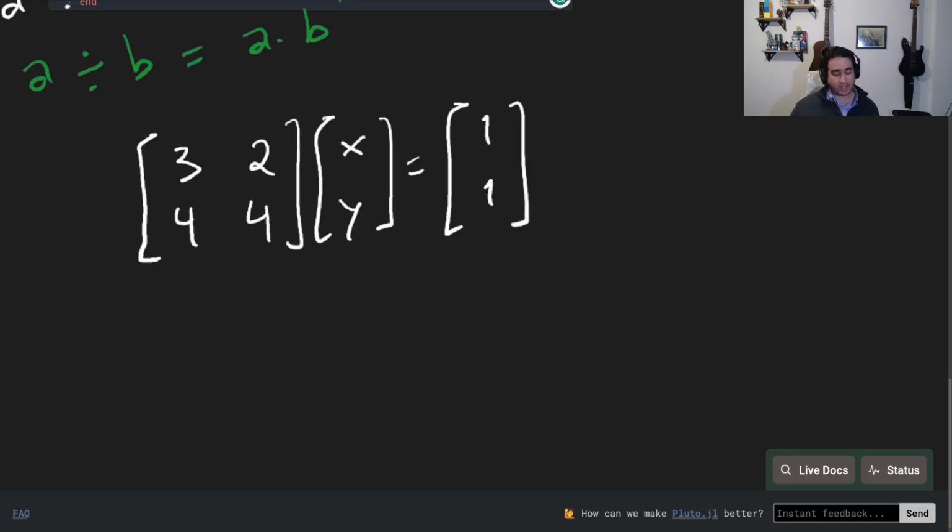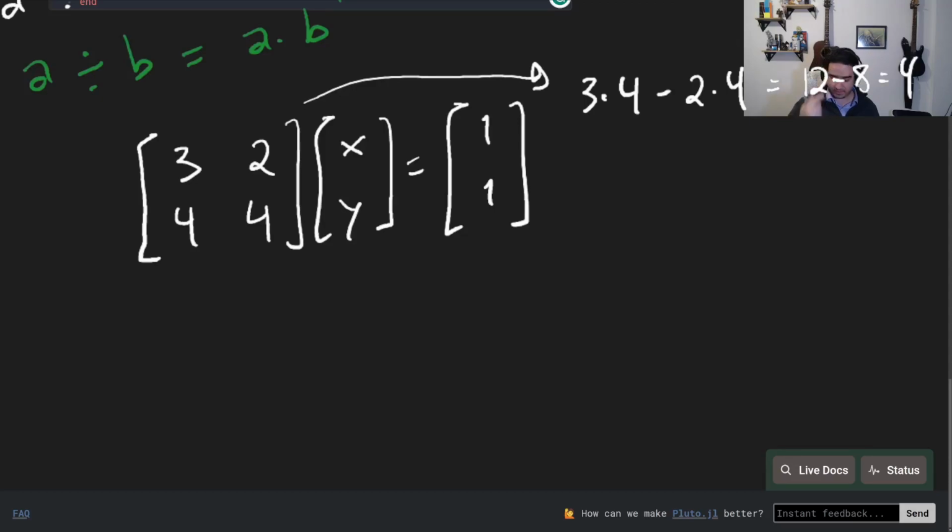We can actually check that this is a valid system, so we should check that the matrix has a determinant that is different from 0, and the determinant here is just 3 times 4 minus 2 times 4. 3 times 4 is 12, minus 8, this is 4, and 4 is not 0, even in modular arithmetic. Mod 5.